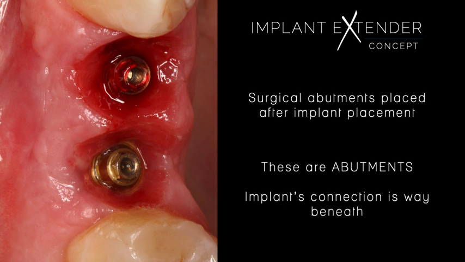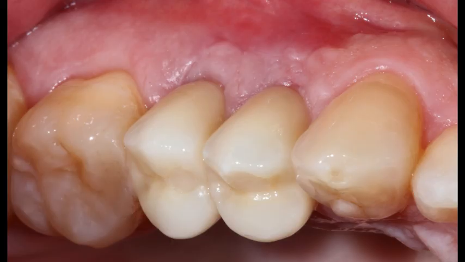I call your attention to this fact because you're looking at the abutments. You're not looking at the implants. You're not looking at the implant connection, because the implant connection is way beneath this. You're looking at the soft tissues surrounding and super attached to the abutments.